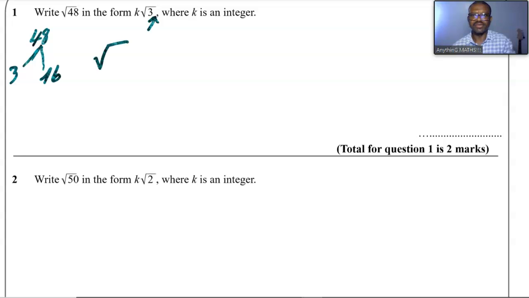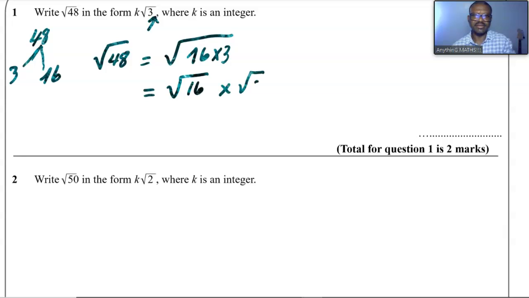We can write root 48 as root 16 times root 3. If you watch the previous videos on sets, you know that this can be written in this format as well.